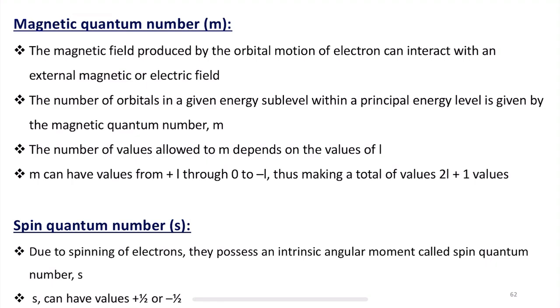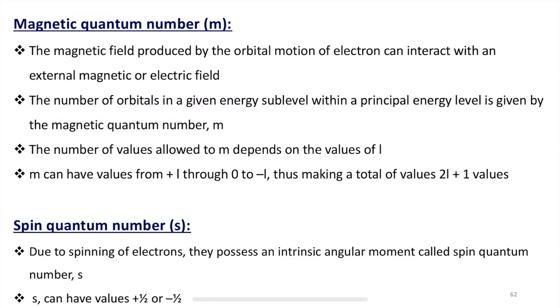So, electron spins on its own axis. Due to spinning of electrons, they possess an intrinsic angular momentum which is called spin quantum number, and it is denoted by small letter s, and it can have the values of plus half or minus half.